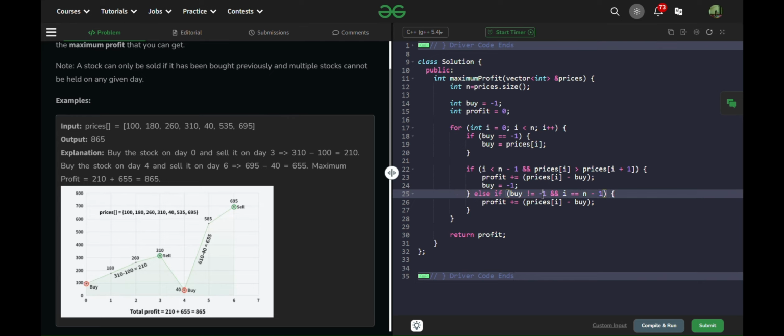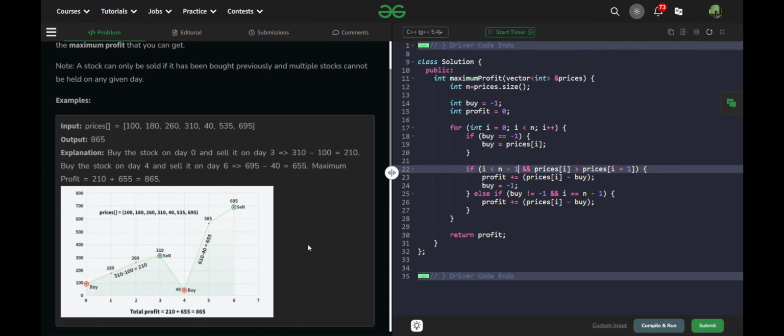Else, if buy is not equal to -1 and i equals n minus 1, that is we reach the end of the array. When we reach the end of the array, this condition will not be met, it goes to the next iteration and this condition fails because there is no next element.